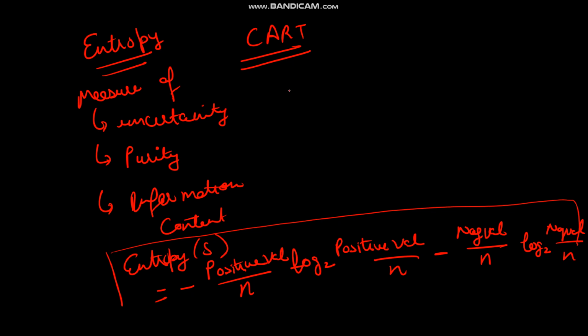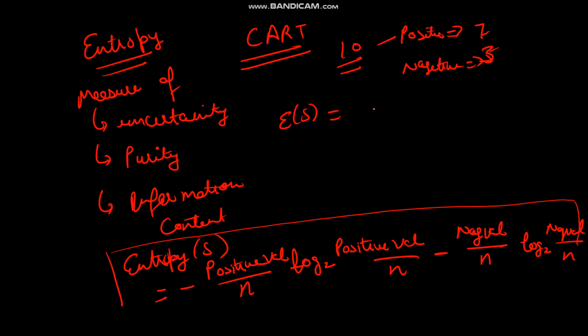Now suppose in an example we have a total of 10 records. Out of these 10, we have 7 positive categorical values and 3 negative values. So 7 plus 3 is 10. Now what will be the entropy of this?